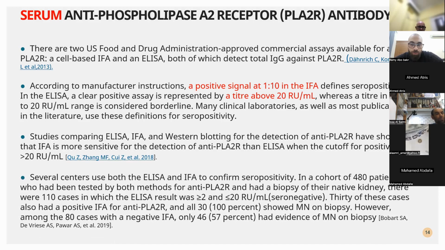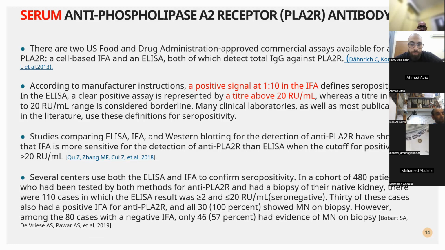In a cohort study including 480 patients, all of the patients were tested for anti-phospholipase A2 receptor antibody by both techniques. There were 110 cases considered seronegative by ELISA and diagnosed as primary membranous by the gold standard, which is the kidney biopsy.